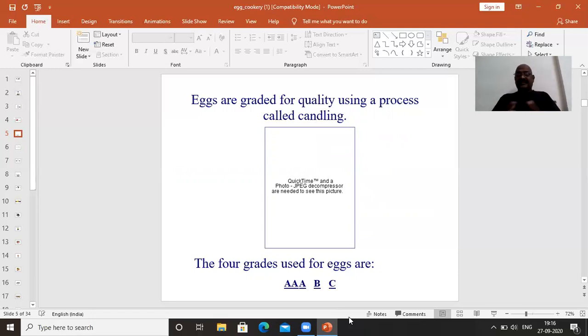So how do we find out whether it is a good egg or a bad egg? According to the inner part of the yolk, the inner part of the white, and the water content in the egg, we check the quality of the egg.